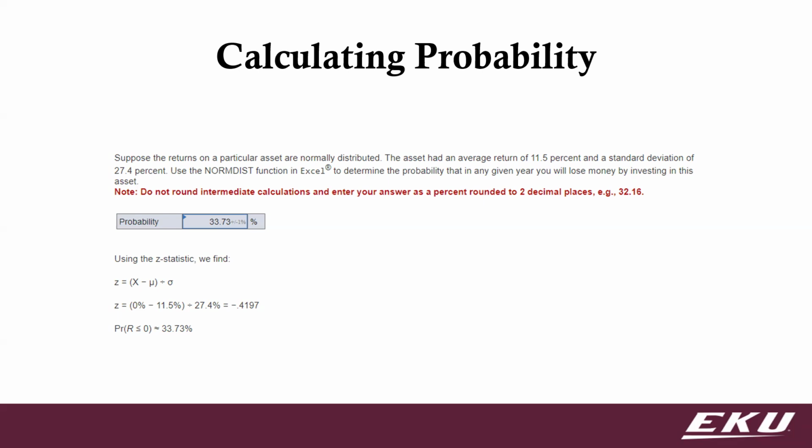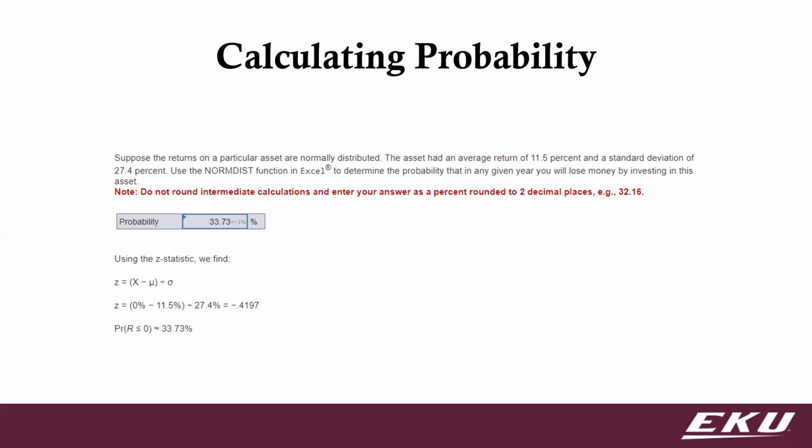Now we're saying what's the probability that you lose money? And so that's the probability that you have less than 0 return, right? If you have a 0% return, you neither gain nor lose money. So if we will lose money, then it's everything less than 0. So we look at how far 0 is from our average return, and then we divide that by the standard deviation, and we find out that that is a little less than half a standard deviation below.